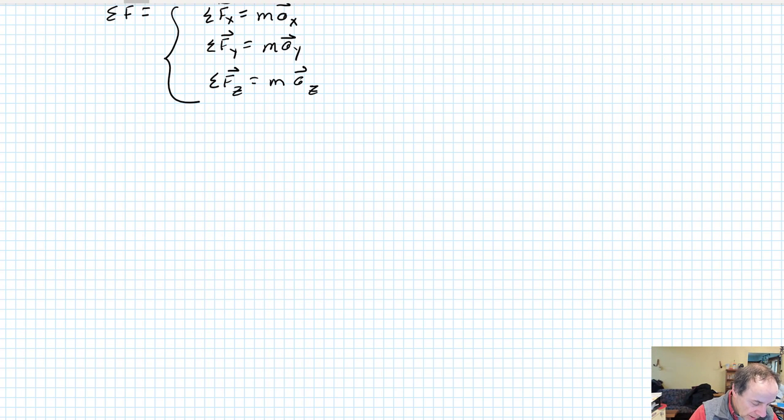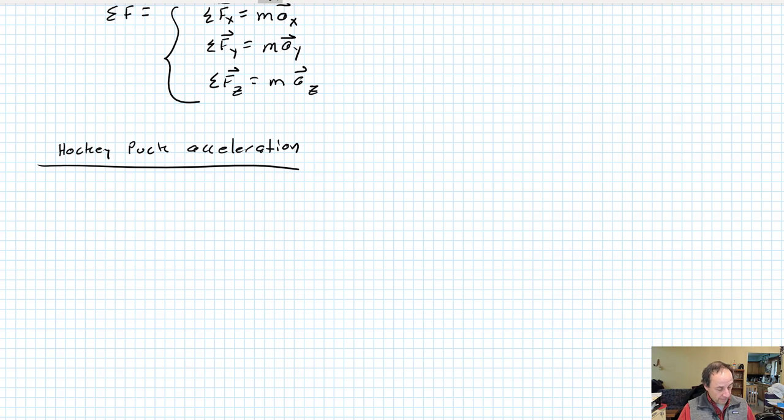We're going to use a hockey puck. Hockey puck acceleration problem. So we have a puck with a mass equal to 0.30 kilograms.